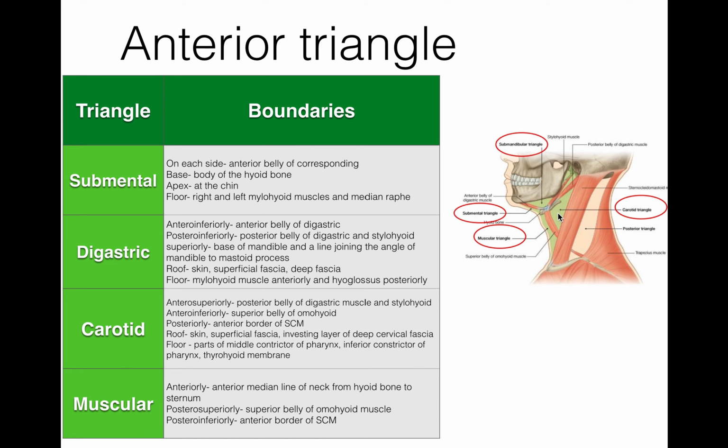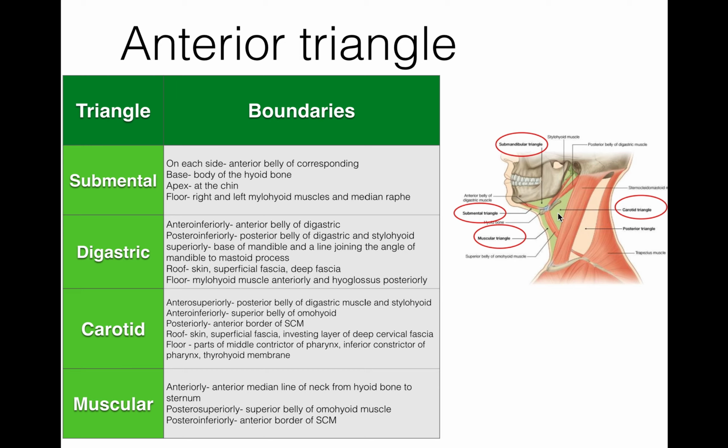The roof is formed by the skin, the superficial fascia, the investing layer of the deep cervical fascia, and the floor is formed by parts of the middle constrictor and the inferior constrictor muscles of the pharynx, as well as the thyrohyoid membrane.